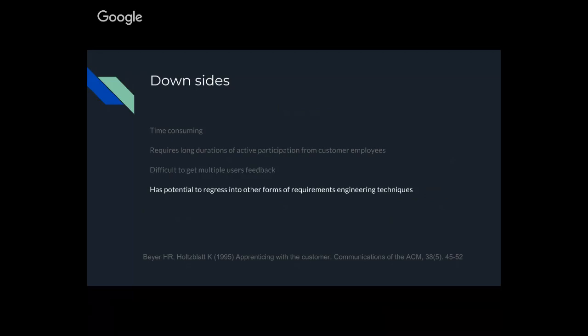It has the potential to regress into other forms. When we talk about other forms of engineering techniques, we're talking about interview, we're talking about ladder, we're talking about all those other requirements techniques that we went over that are more on the analyzing and the brainstorming. Those techniques have a way of creeping into the apprenticing technique.